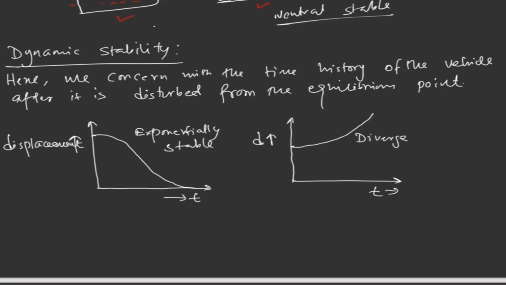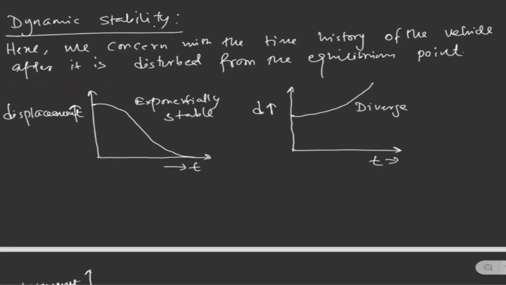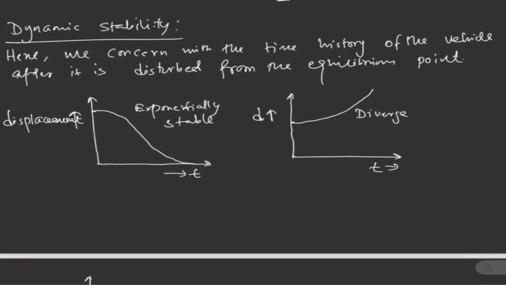And if you have another kind of response, this is the displacement of the aircraft, this is time, and if the system behaves like this, then we can say this is neutral stable.